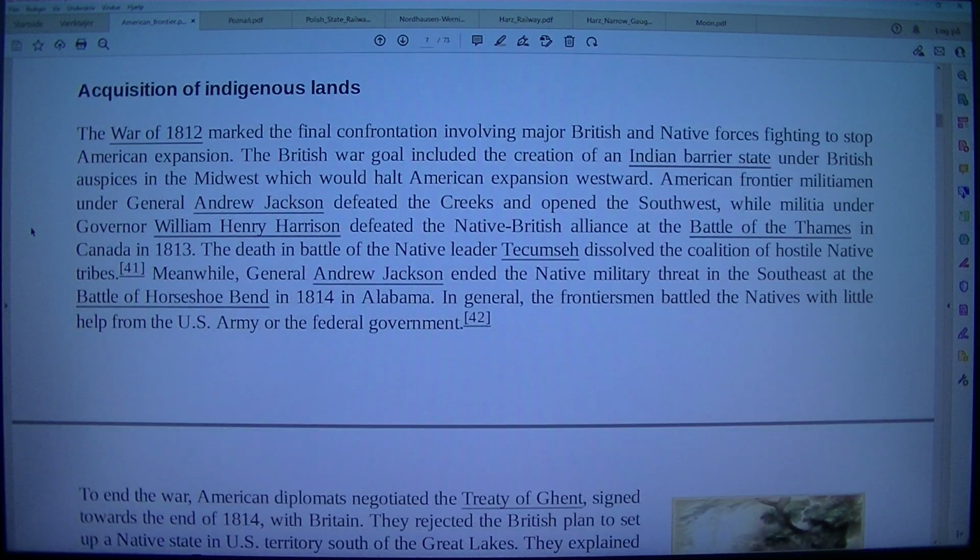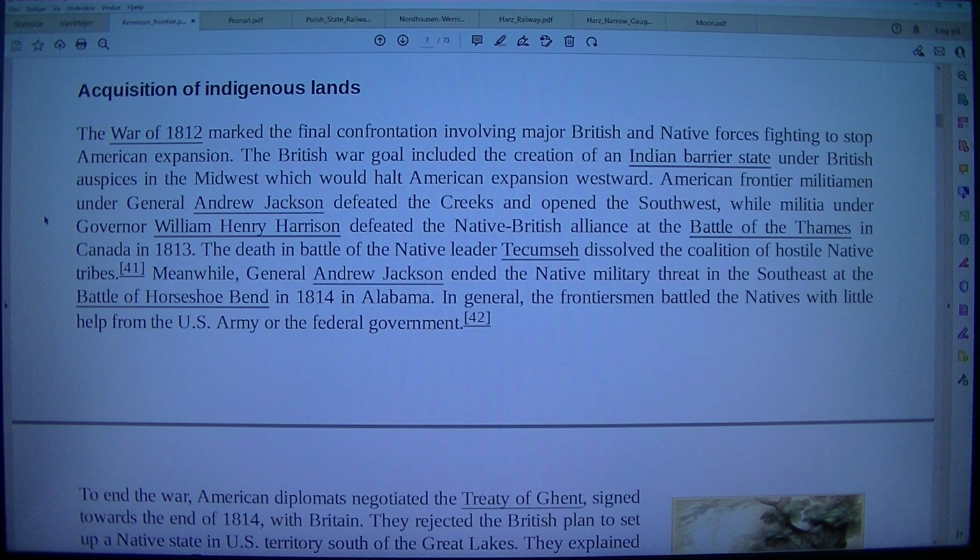Acquisition of indigenous lands. The War of 1812 marked the final confrontation involving major British and native forces fighting to stop American expansion. The British war goal included the creation of an Indian barrier state under British auspices in the Midwest which would halt American expansion westward.